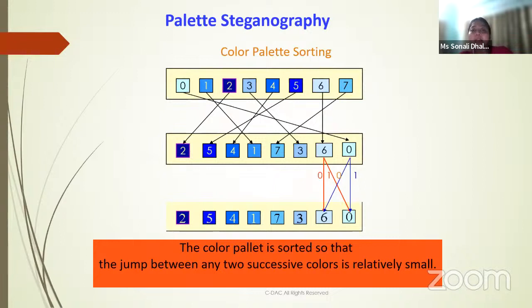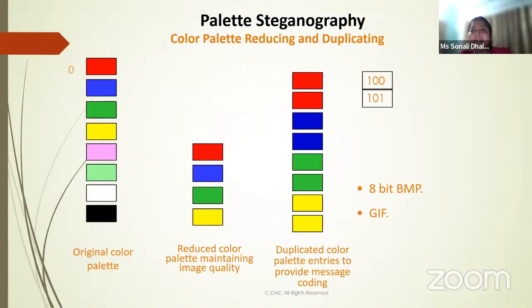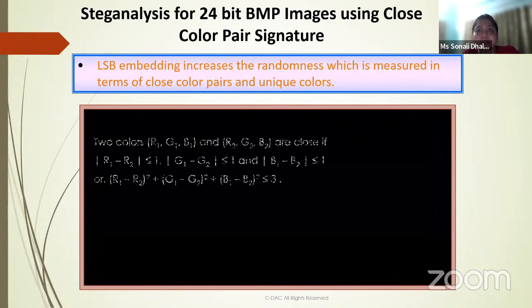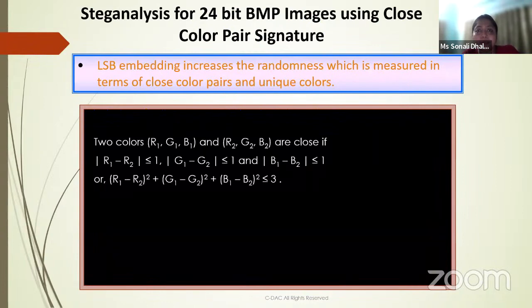If we do color palette sorting, then we can get some measure of steganography. This is the result: comparing the original image and the tampered image, we can detect that some kind of color palette sorting has been done for the tampered one.